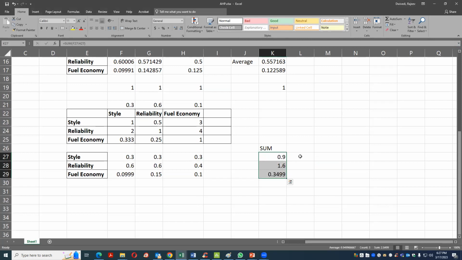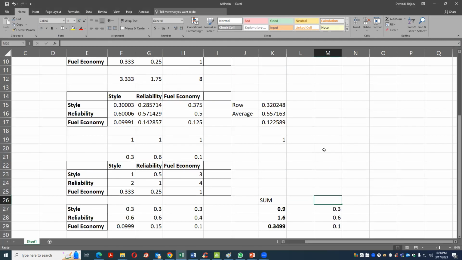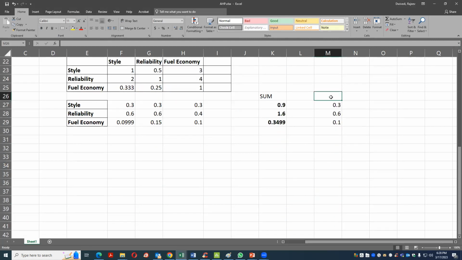Do you get this value? And now again, I'm going to write the vector that we got. So here we got 0.3, 0.6, and 0.1. When we did this sum, these are our original priority vector.